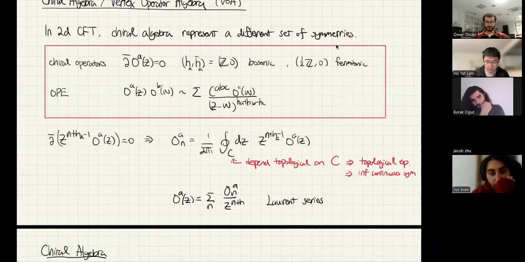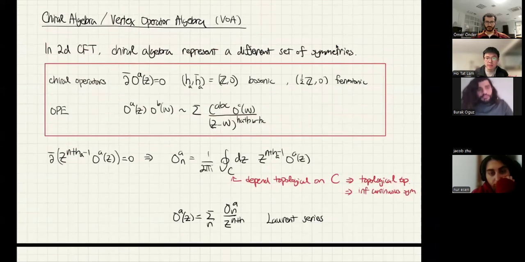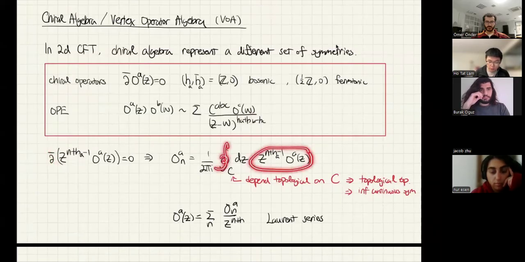One important thing is that once you have chiral operators, you essentially have an infinite set of conserved quantities, or an infinite set of continuous symmetries. The reason is very simple. If I have an operator that is chiral, we can multiply it by any power of z, and this will again define an operator that is holomorphic. Because this is holomorphic, you can integrate it over some closed curve, and this will define for you some operators.